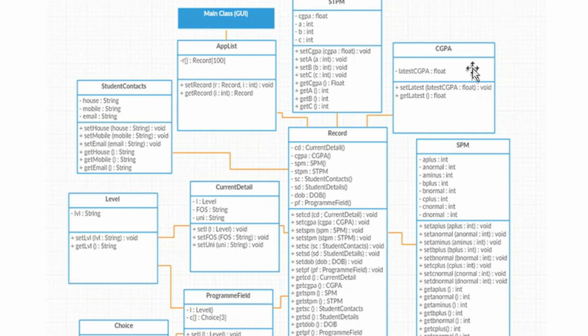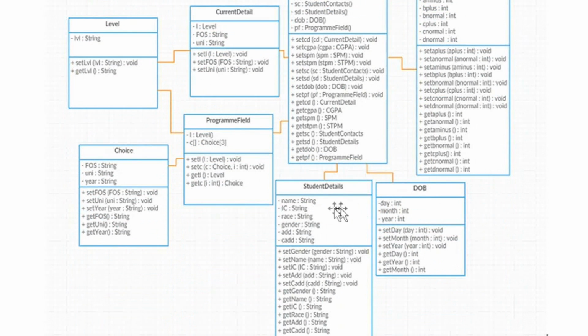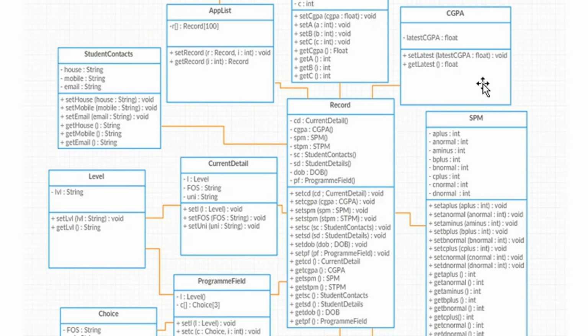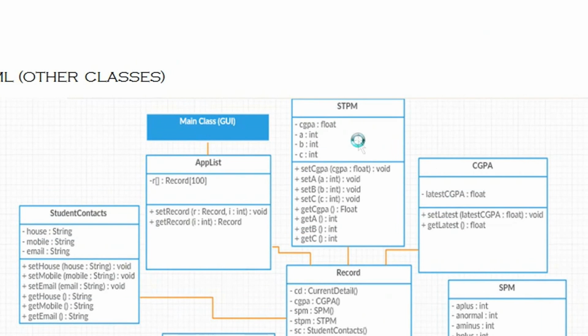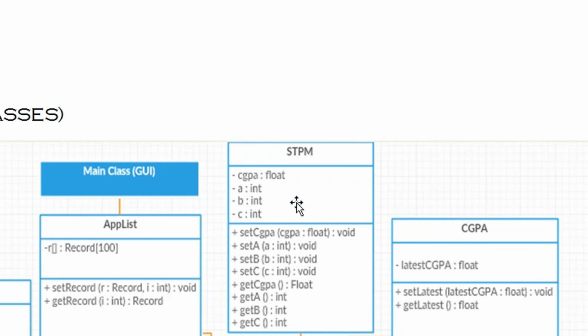So STPM, CGPA, SPM, student context, level, current detail, and don't forget the two below, which are student details and date of birth. Each and every one of these classes has very specific data types and also some variables in it. Let me zoom in.